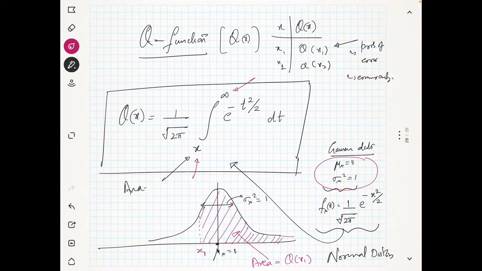So it can be used easily. And for this Q of x, you have a chart, and from the chart you can easily evaluate this integral, because it's very complex integration. It's not so easy to integrate, that's why.